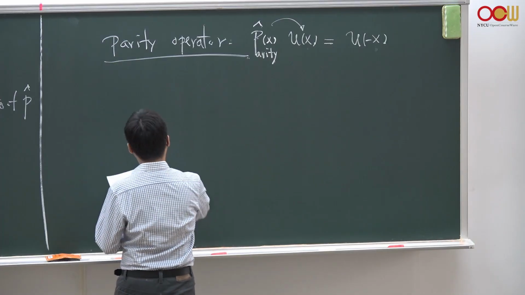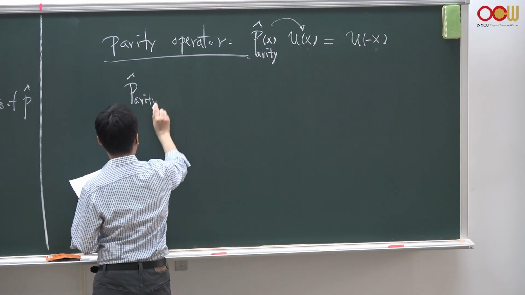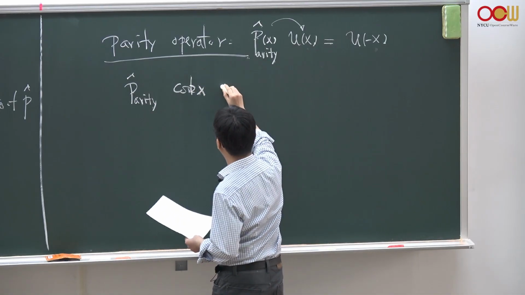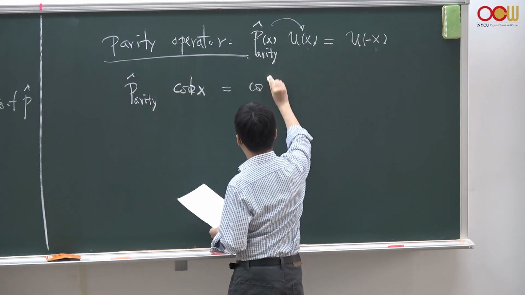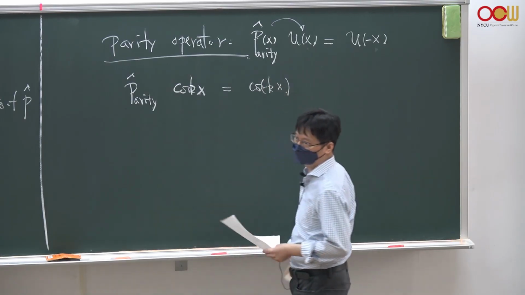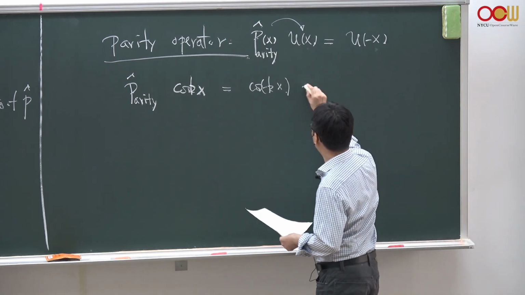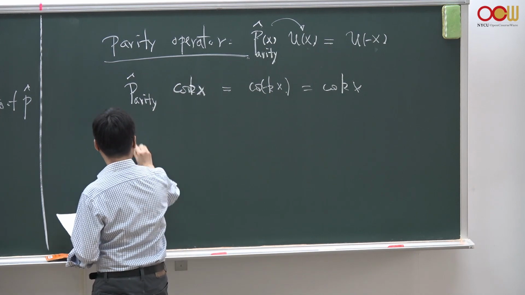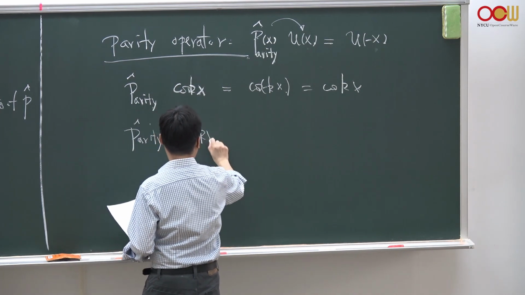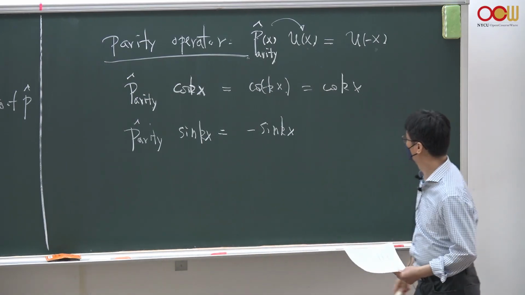Suppose I take the parity operation onto this cosine kx, what I get is cosine of minus kx. But we know that cosine minus kx is the same as cosine kx. But what if I take the parity operation onto the sine function? Well, I get minus sine kx.